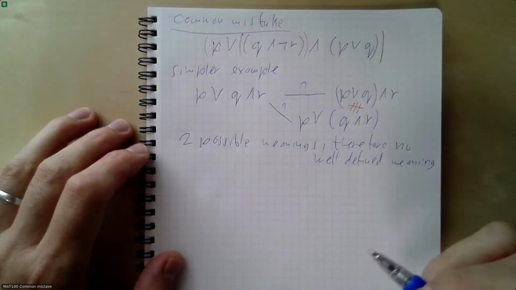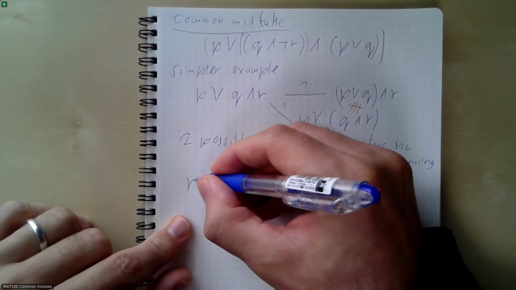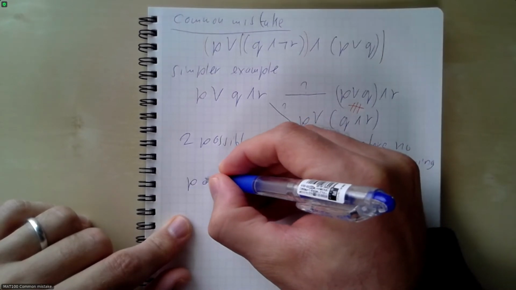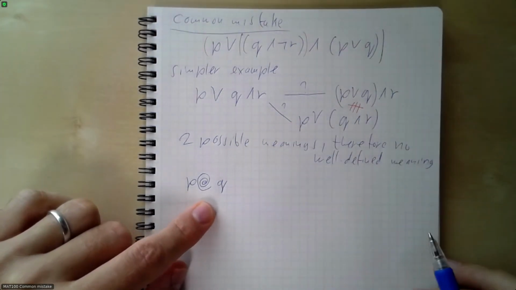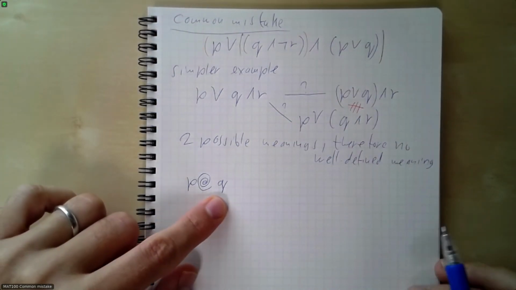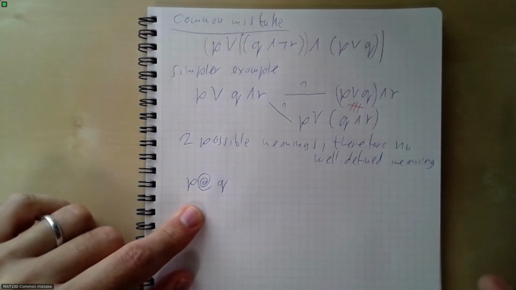How is it possible to not have a meaning? If I write P and something Q, can I have the meaning of this? No, because what's this spirally thing? No meaning.